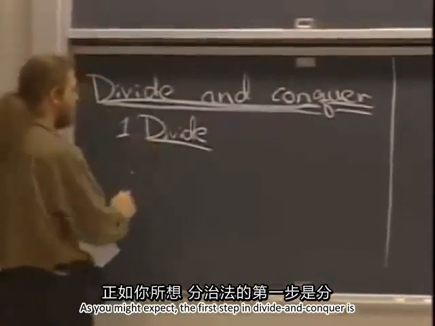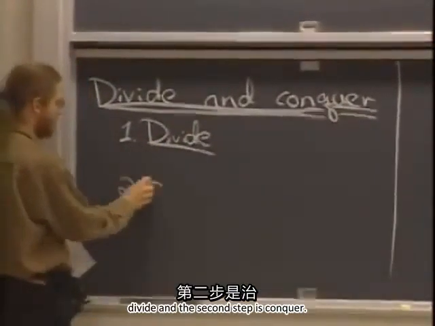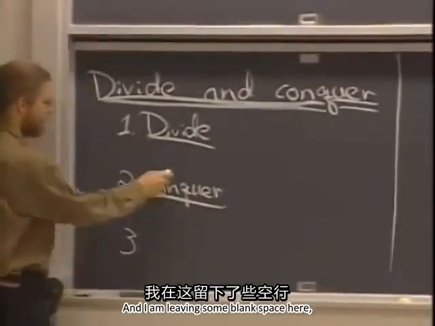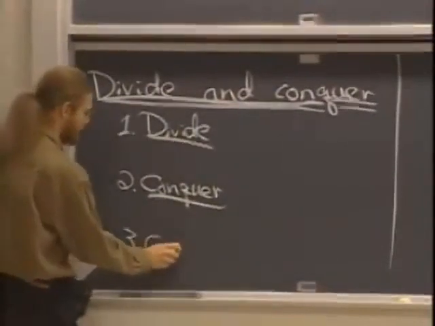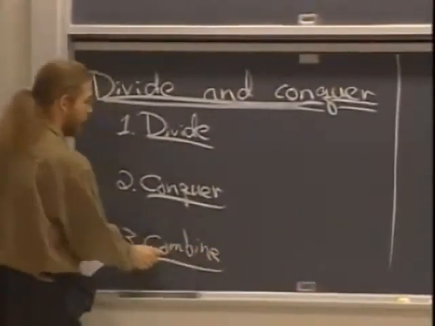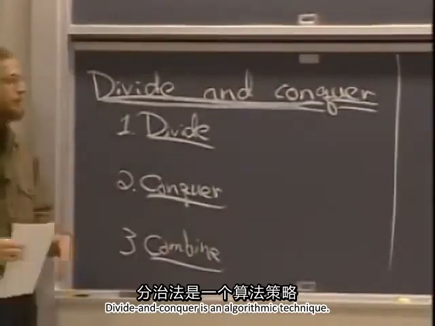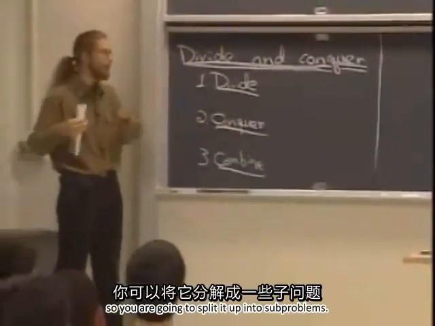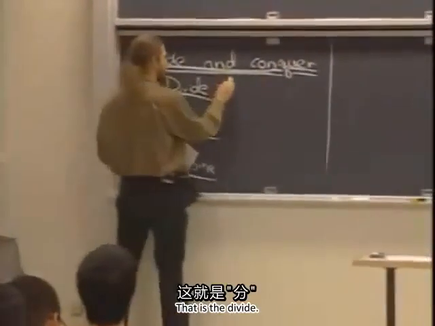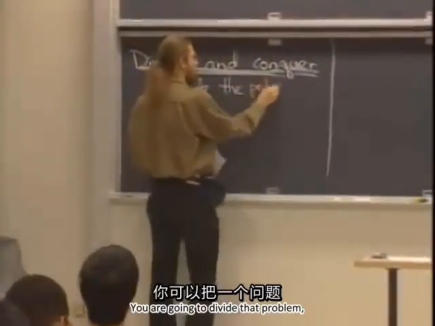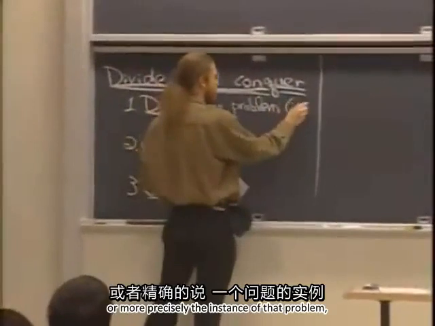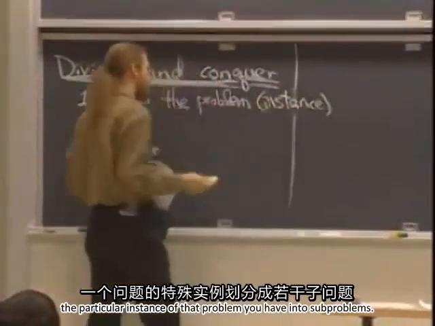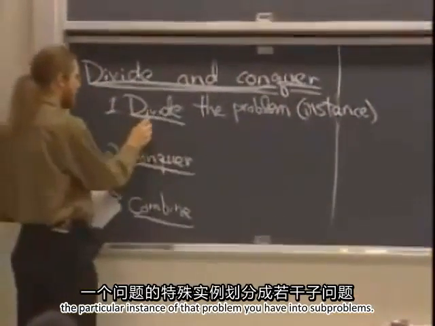As you might expect, the first step in divide and conquer is divide, and the second step is conquer. But you may not have guessed that there are 3 steps, and I'm leaving some blank space here, so you should too. Divide and conquer is an algorithmic technique. You're given some big problem you want to solve. You don't really know how to solve it in an efficient way, so you're going to split it up into subproblems. That's the divide. You're going to divide that problem, or more precisely, the particular instance of that problem you have, into subproblems.